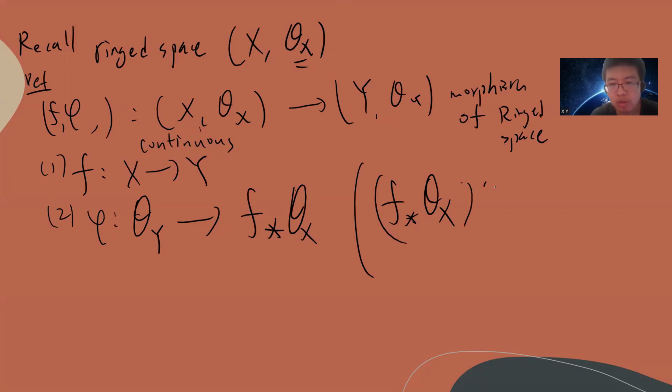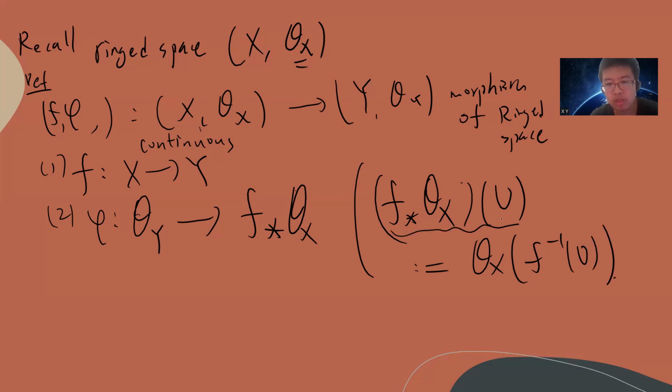We take any open set U on Y, then f inverse of U is open, because f is continuous. So the natural definition will be O_X of f inverse U. Because you take U, then take f inverse of U, so it becomes O_X.